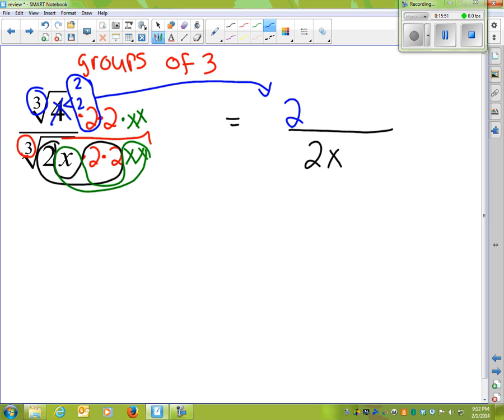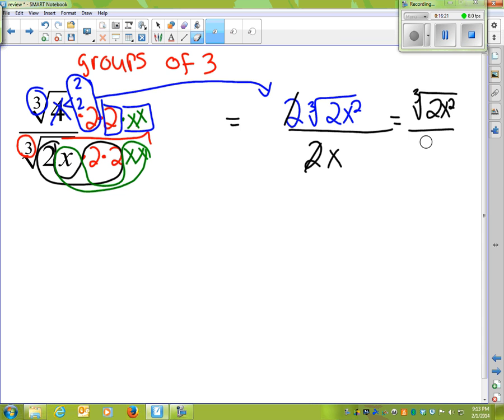And it's in the numerator, leaving me with 2x squared on the inside. And in my last step, 2 over 2 can cancel. And my final answer is the cube root of 2x squared all over, just x.